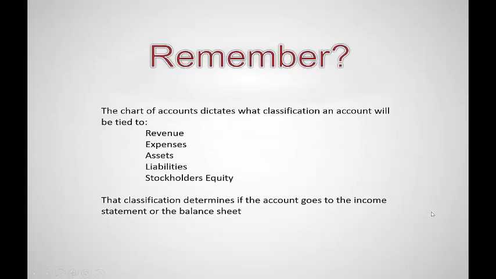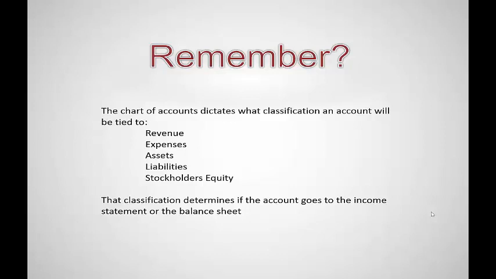To begin with, there's a video that I've done that is about a set of books, and that set of books video talks about how the chart of accounts will dictate what classification an account will be tied to. For example, an account could be set up and it might be classified as a revenue account, or an expense account, or an asset account.